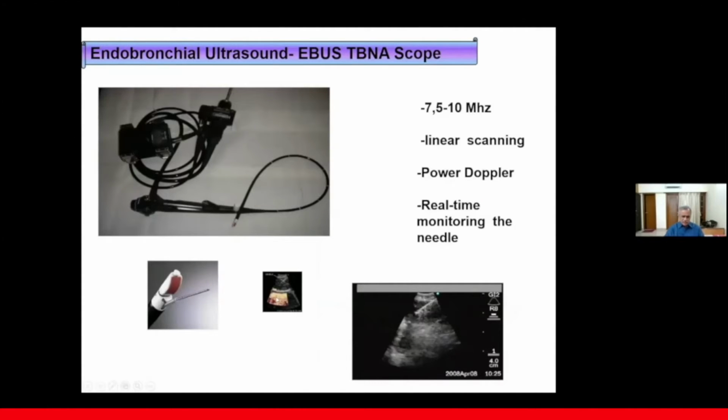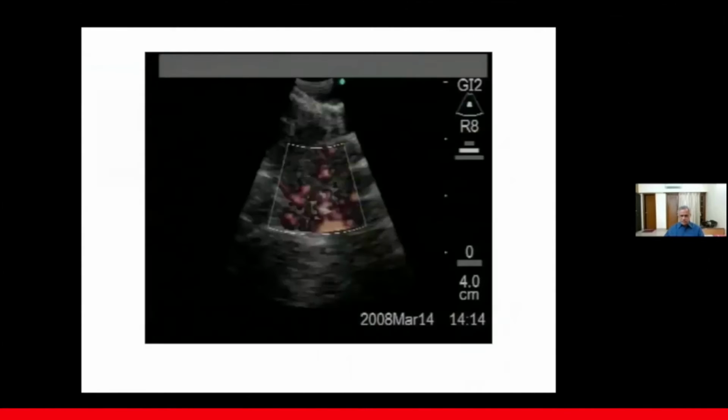You can look at the vessels and take the biopsies from there, taking care not to injure the vessels. The needle can be seen through the ultrasound in real-time monitoring. It's not a blind procedure. So you see the needle, you're in the lymph node, and you take the biopsies. Just to show you how it looks, there is a vessel there. You can move it up and down.